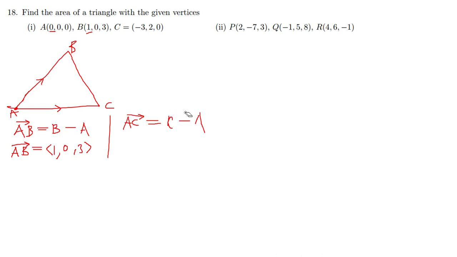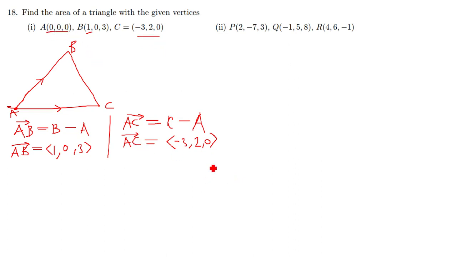Okay, so we say point C minus point A. So AC, which is a vector, is supposed to have a direction arrow on top. So we say negative 3 minus 0, we still have negative 3, comma 2 minus 0, we have 2, 0 minus 0, we have 0. I'm just saying this minus that.